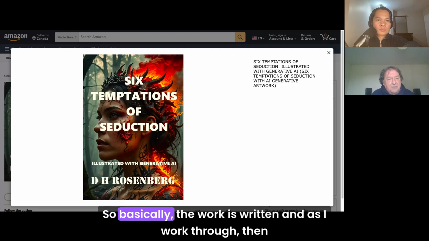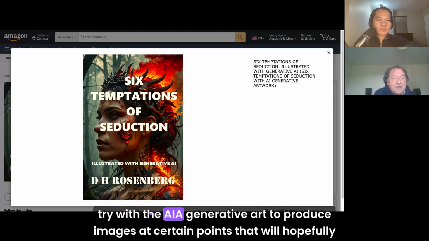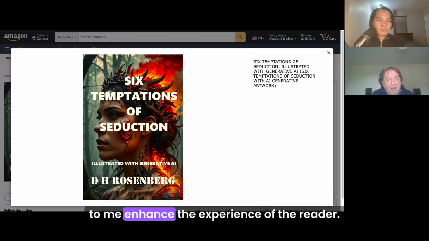So basically, the work is written, and as I work through, I then try with the AI generative art to produce images at certain points that will hopefully enhance the experience of the reader.